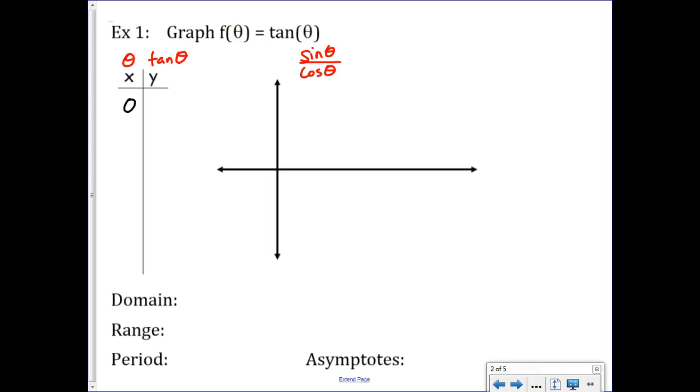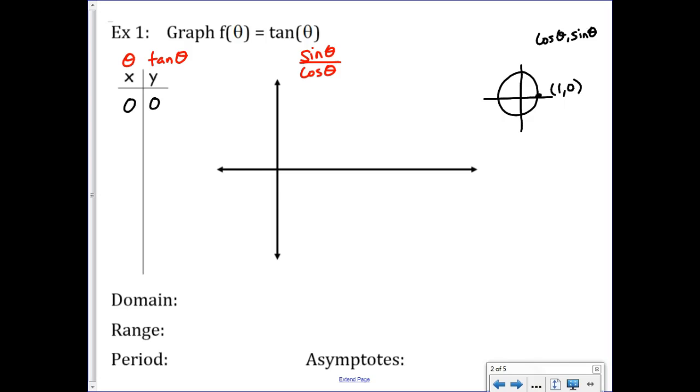If I'm going to sketch this unit circle over here, if I'm over here at 0, my point is 1, 0. So this is cosine of theta, sine of theta. So that means I'm dividing y divided by x. So 0 divided by 1, 0 divided by anything is 0.